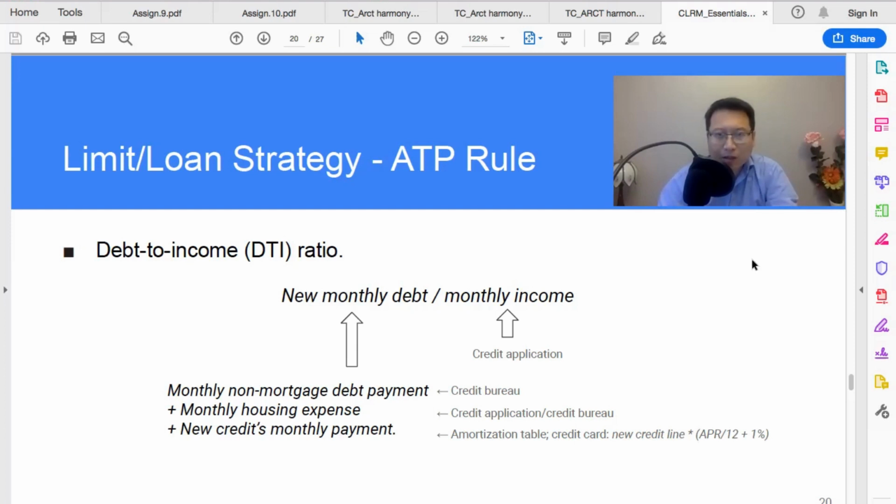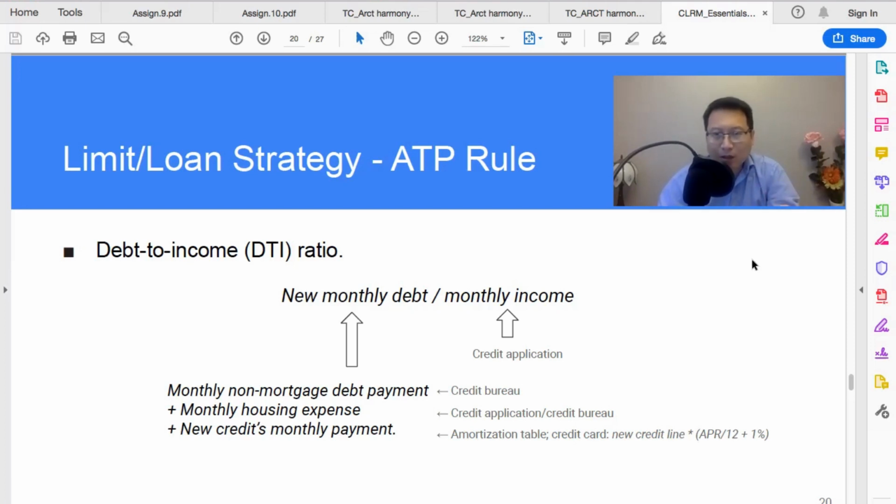One thing is that we need to assume that 100% of the credit line will be fully utilized. If the line is $10,000, let's suppose the overall debt is $10,000 from day one. Then we need to calculate the minimum payment each month.